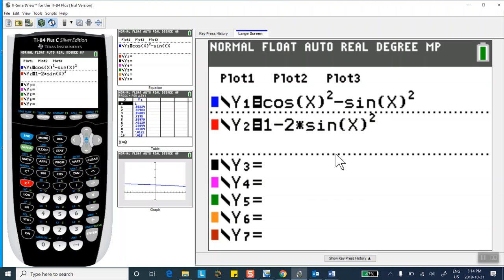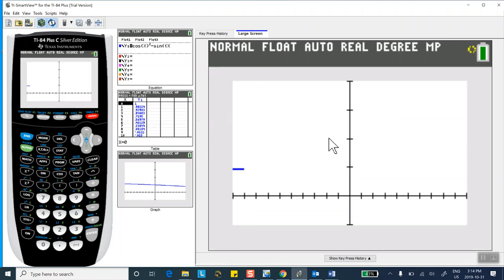If I graph both of these and I end up with a single graph in our workspace, it means they are always the same and therefore they're identities. You can see that they will be the same.